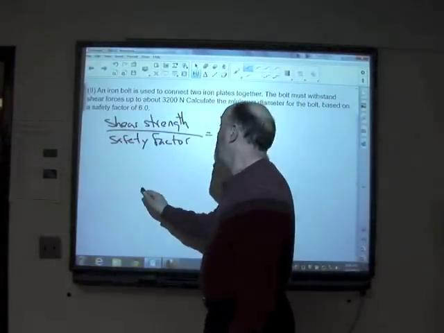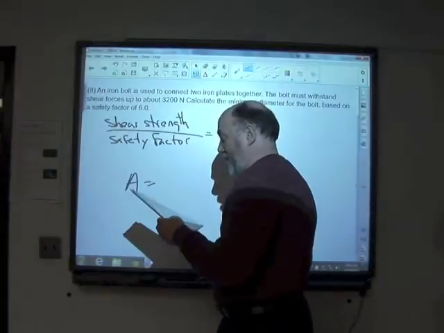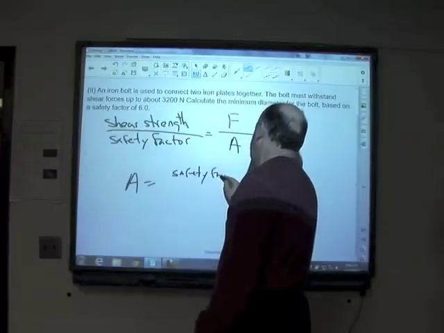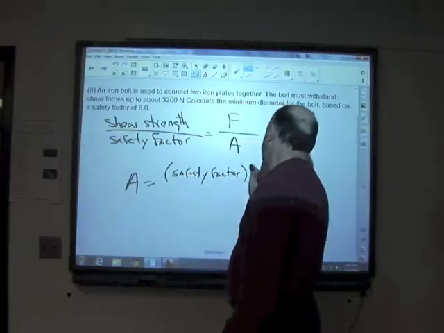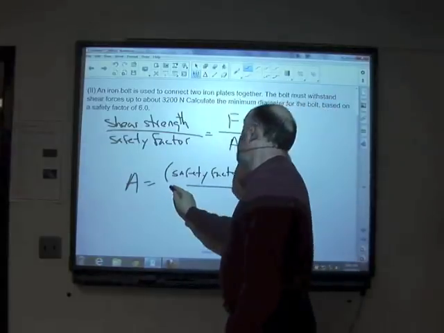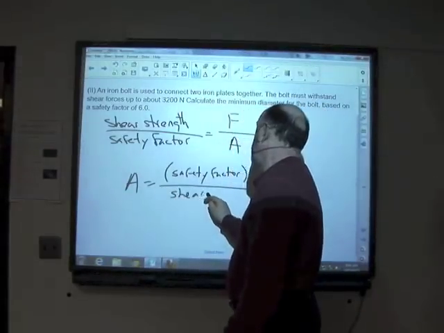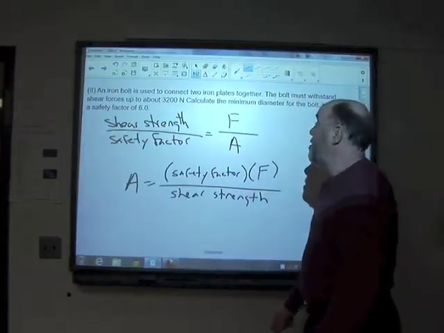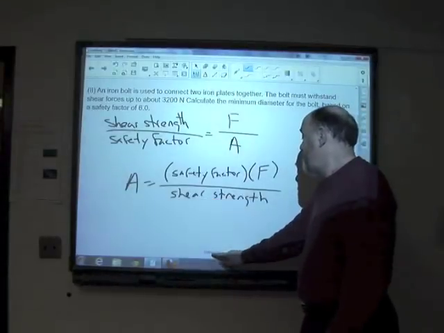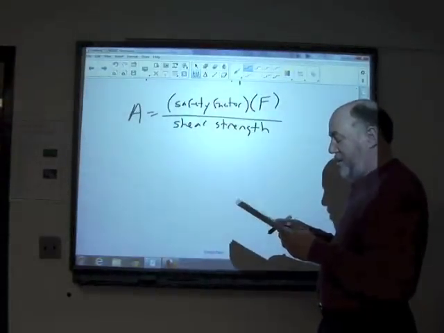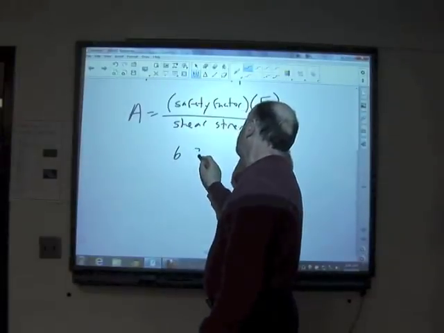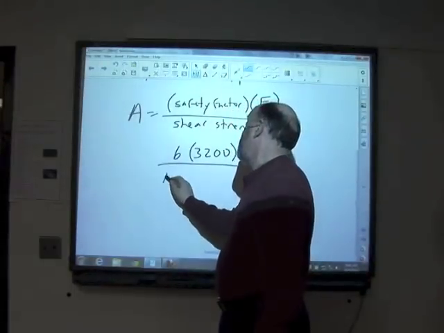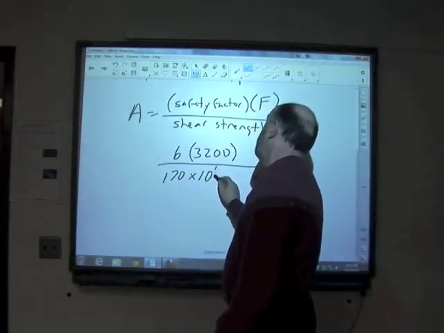We get A is going to be given by the safety factor times the force divided by the shear strength. And we have all the numbers. This number comes out of a table. So we get 6 times 3,200 divided by the strength, which is 170 times 10 to the 6.